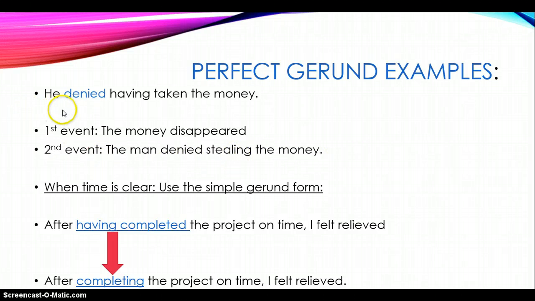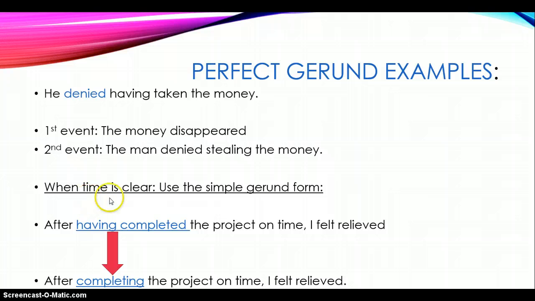And the sentence in the perfect gerund form would be, he denied having taken the money. So here's your having, and then here's your verb in the past participle. So once again, the first event is the money disappeared, and the second event, the man denied stealing the money.